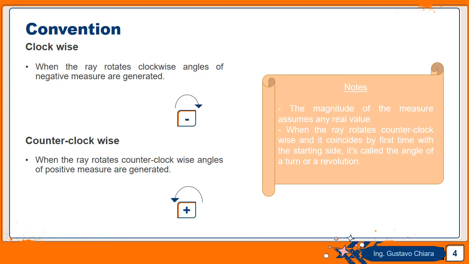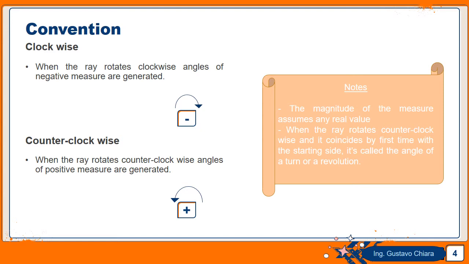Convention. First of all, clockwise. It means that when the ray rotates clockwise, angles of negative measure are generated. From the other side, when the ray rotates counterclockwise, angles of positive measure are generated.